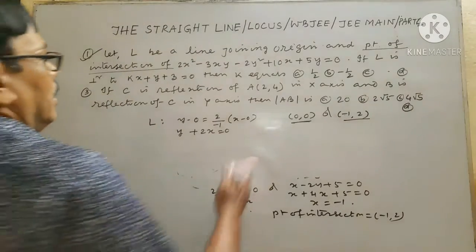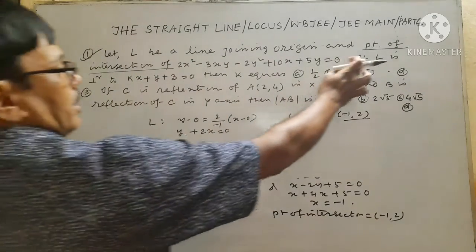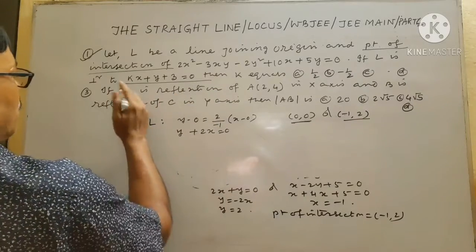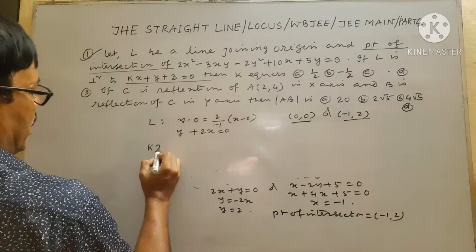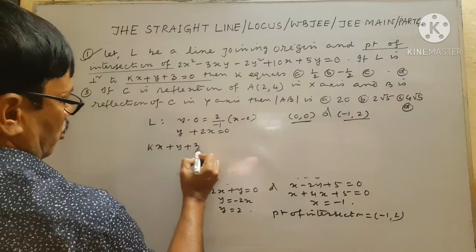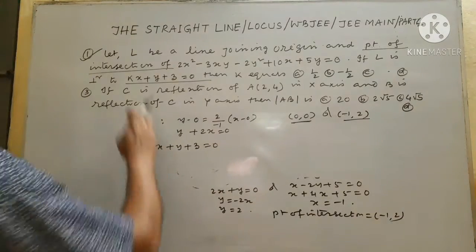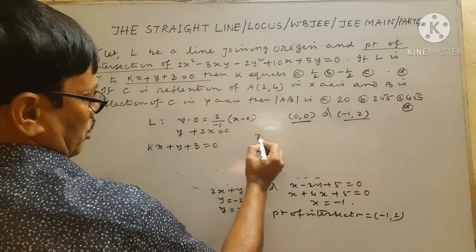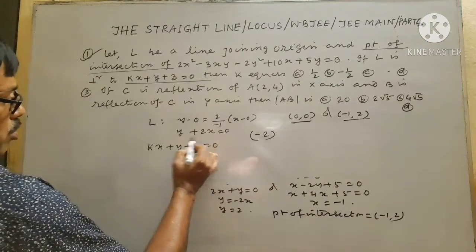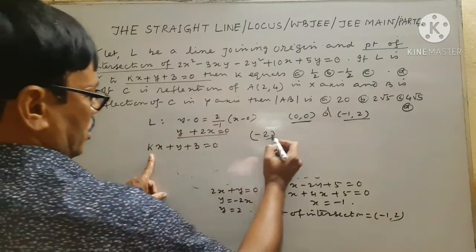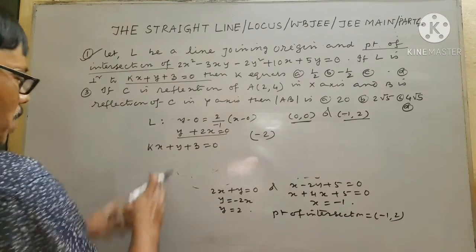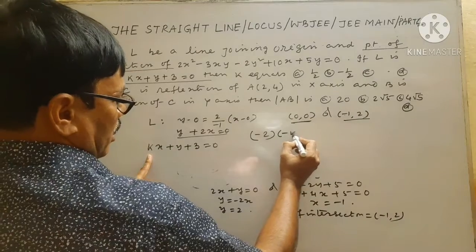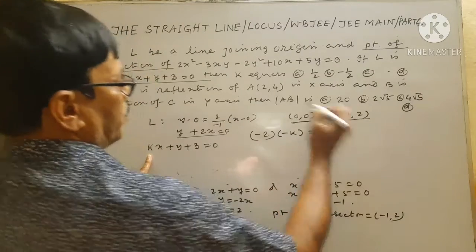Now L is perpendicular to this line, kx plus y plus 3 equals to 0. So the product of slopes: this is minus 2, the slope of L, and this is minus k, equals to minus 1.